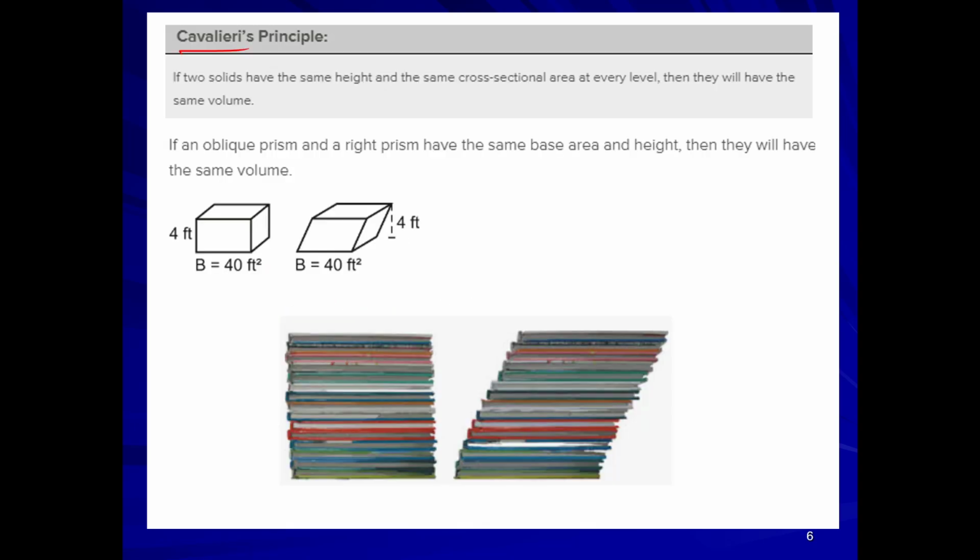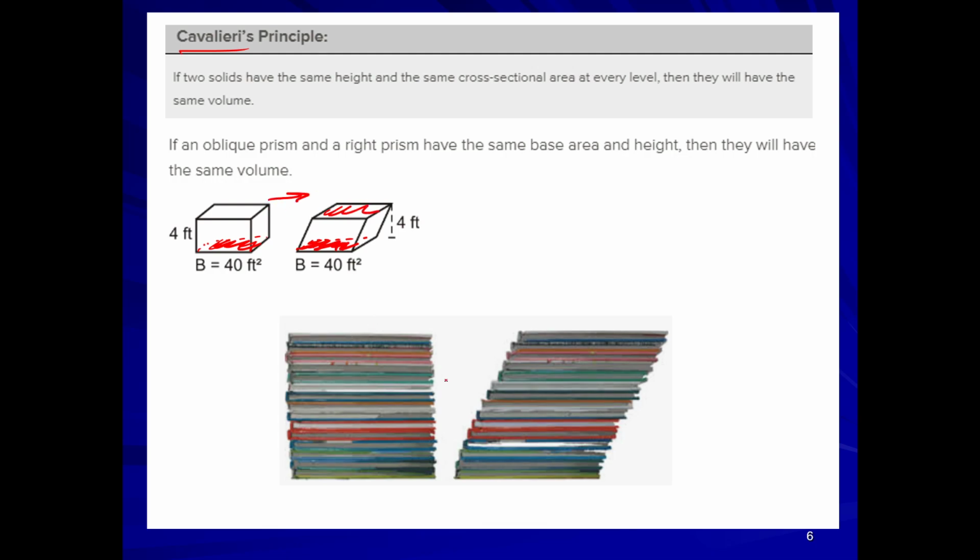Okay, just a concept that we need to be aware of when we're doing volume. When something is slanted, it does not change the volume so long as the shape has the same cross sections. So in other words, if I take this box that's 4 feet with a base that's 40 feet square, and I imagine taking a box with the same base but sort of shifting it, right?